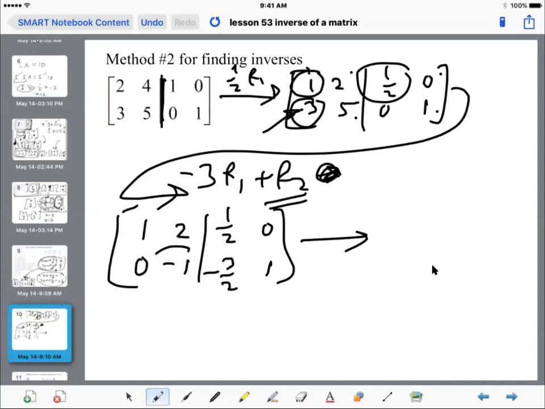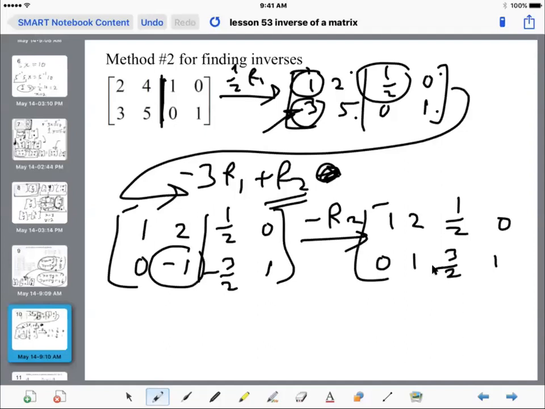Step 3 is to make this into a 1, which is done by doing minus R2. And will someone type in what is the row operation that will turn that 2 into a 0, which will then complete the process?